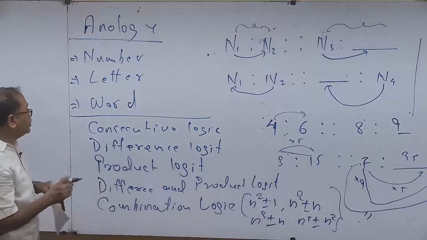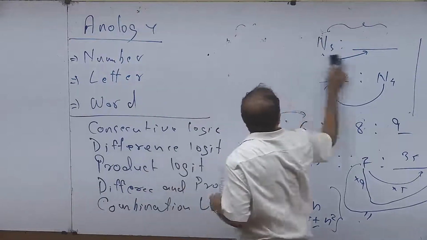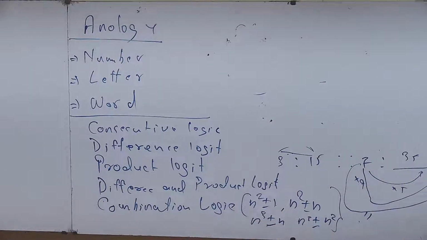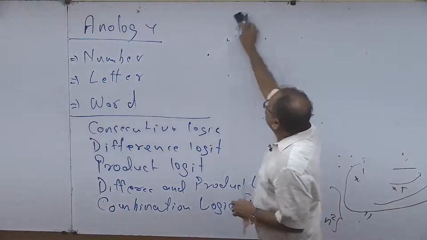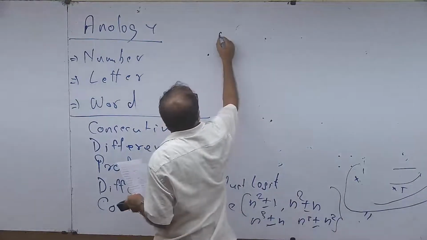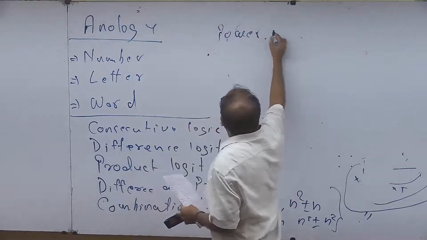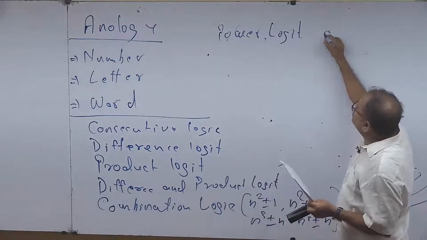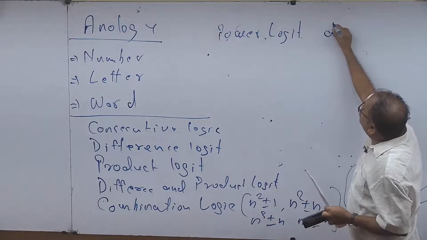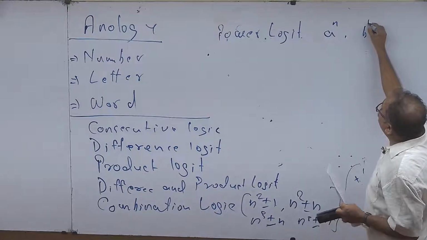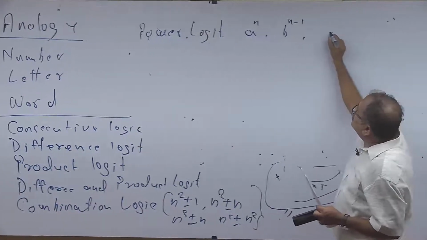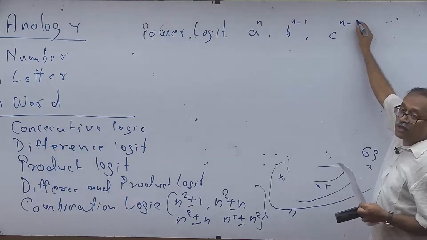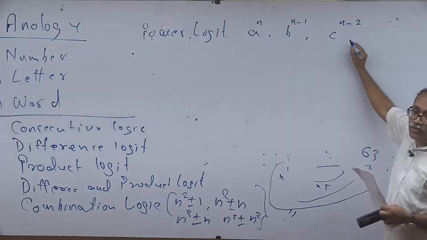And then power logic. What is power logic? First you are writing something like number a to the power n, then b to the power n minus 1, then c to the power n minus 2, and so on and so forth.